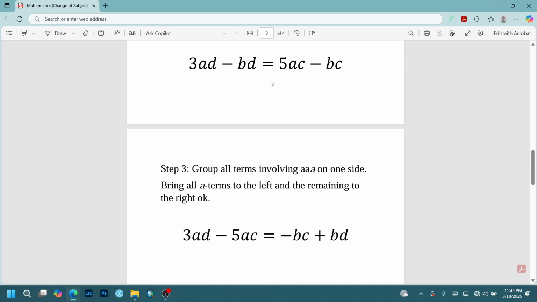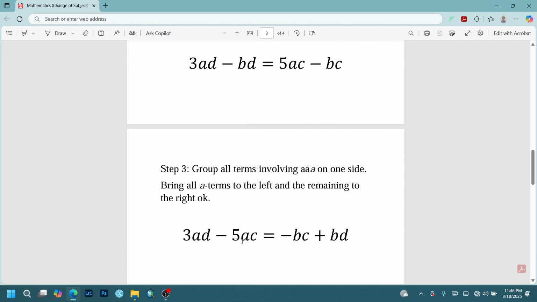Whenever a number crosses the equal to sign, it will change its sign. If it's a negative number, it will become a positive number. If it's a positive number, it will become a negative number. So that's how come we have positive 5AC jumping the equal to sign to become a negative 5AC.